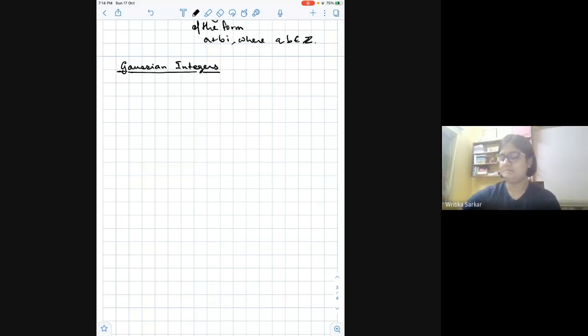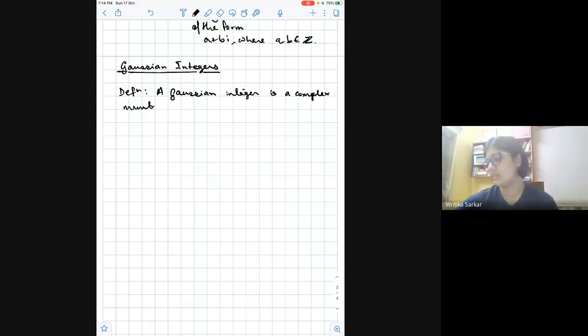So very simply, the definition: a Gaussian integer is a complex number of the form a plus bi, where a, b are integers.